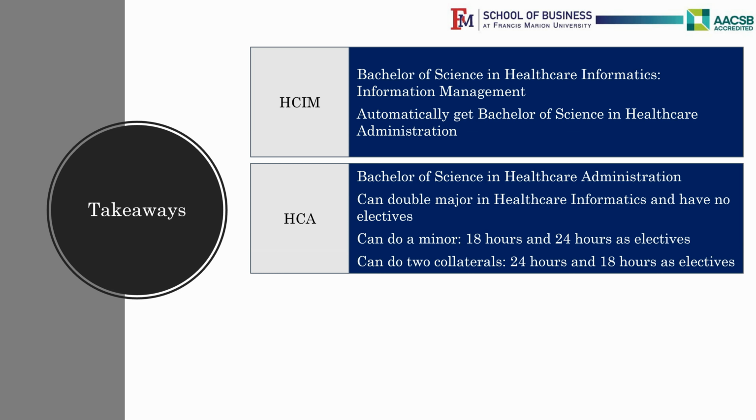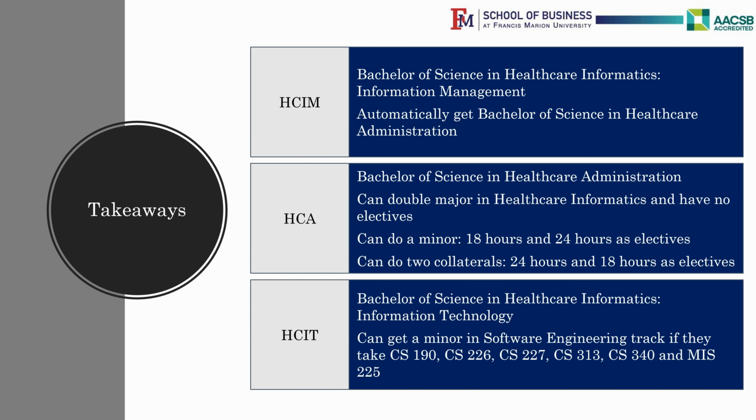The Bachelor's of Science in Healthcare Informatics Information Technology track majors can get a minor in software engineering if they take MIS 225, Computer Science 190, Computer Science 226, Computer Science 227, Computer Science 313, Computer Science 340 as their IT electives.